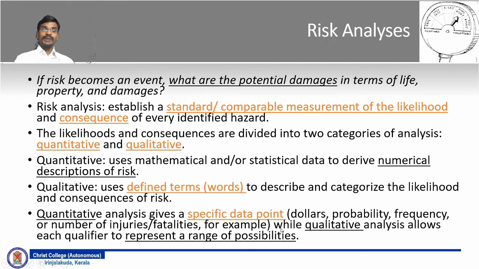The quantitative analysis gives a specific data point like dollars, probability, frequency, or number of injuries or fatalities because of a given hazard. While the qualitative analysis allows each qualifier to represent a range of possibilities like moderate, extremely high, etc.